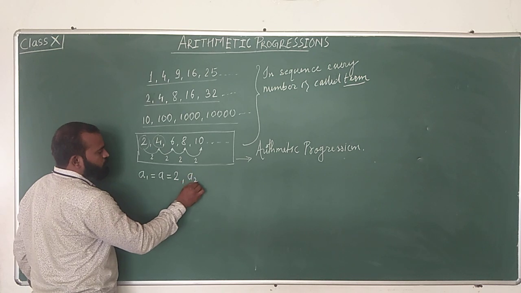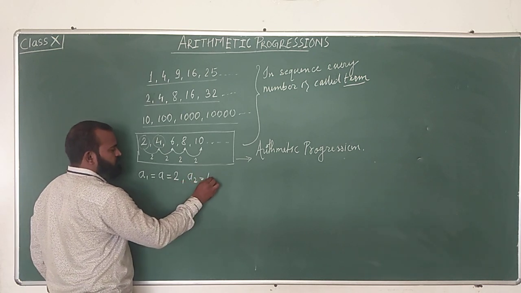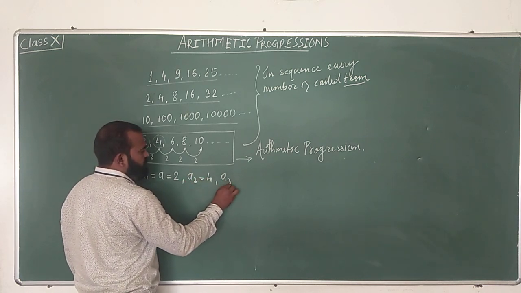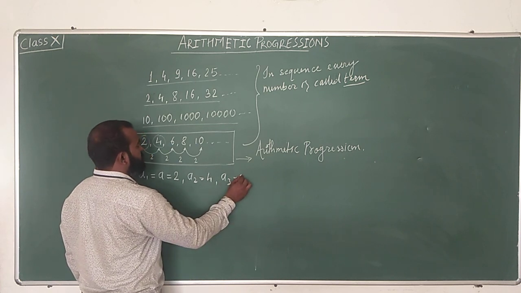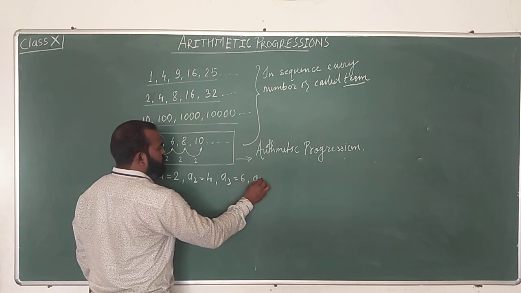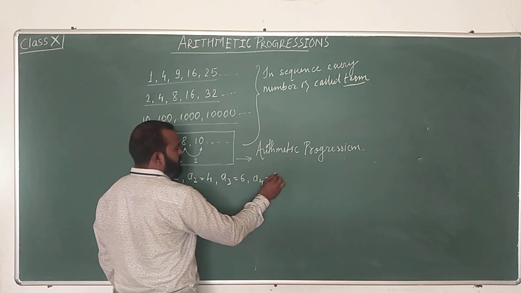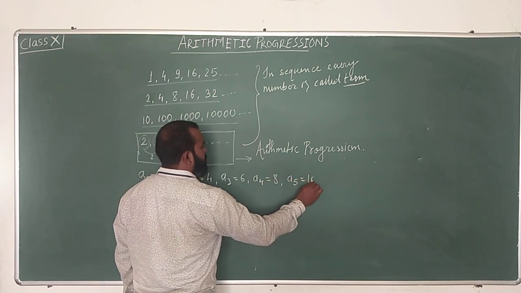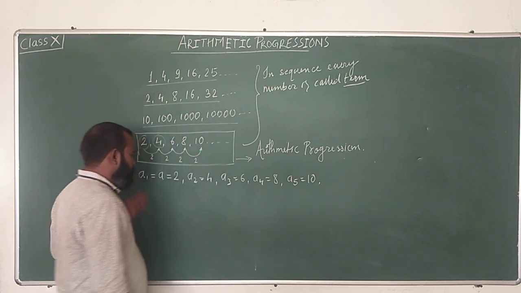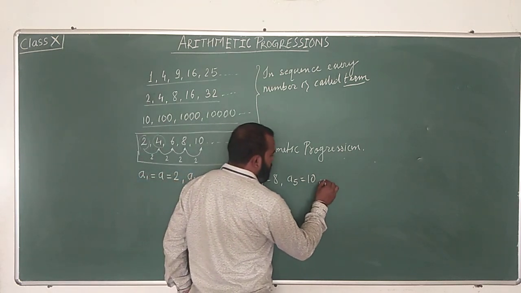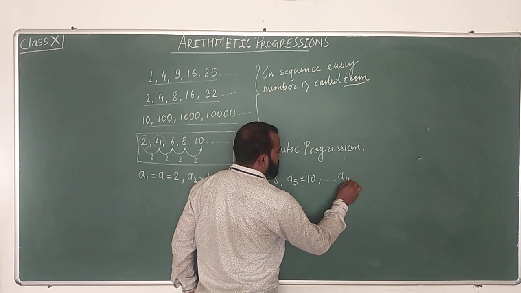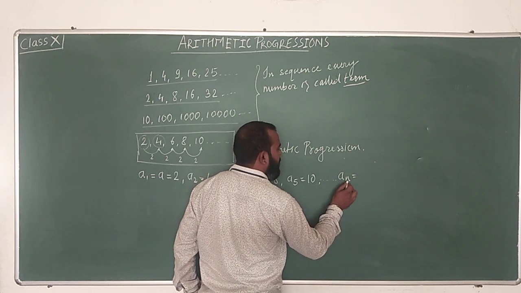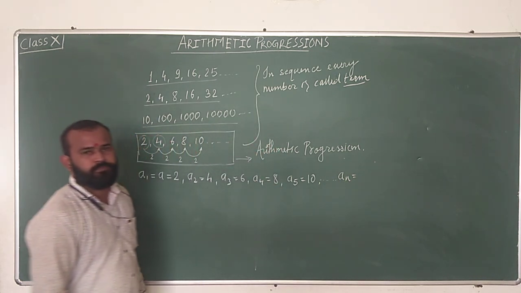Then A2, the second term, is 4. A3, the third term, is equal to 6. A4, the fourth term, is 8. A5, the fifth term, is 10. And the last term is denoted by an, that is the nth term.